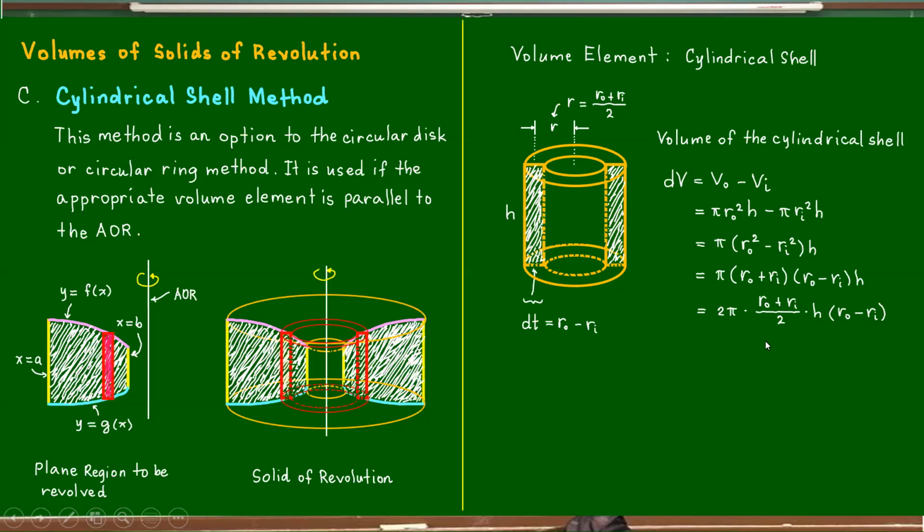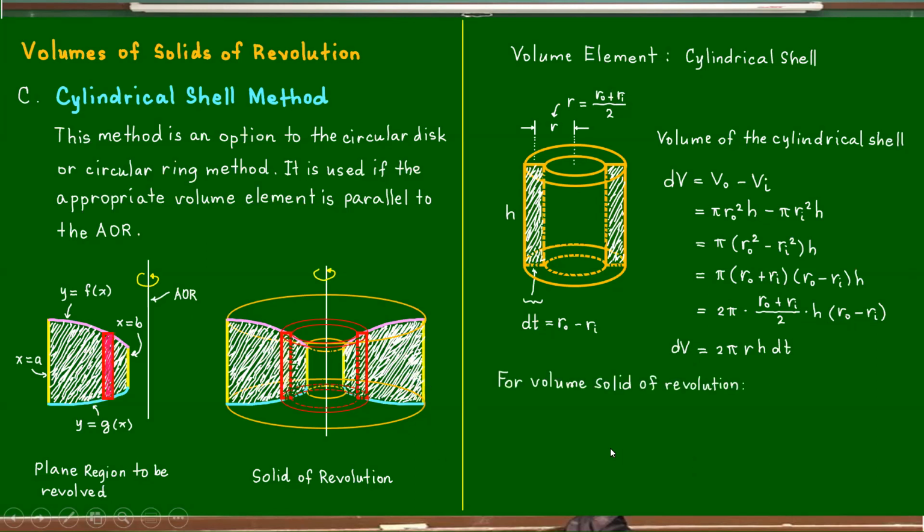And this is the average radius of the shell, which is given by r. So we get 2 pi r times h, and this r sub o minus r sub i is the thickness, dt. This gives us the differential of the volume, where V is the volume of the solid generated.